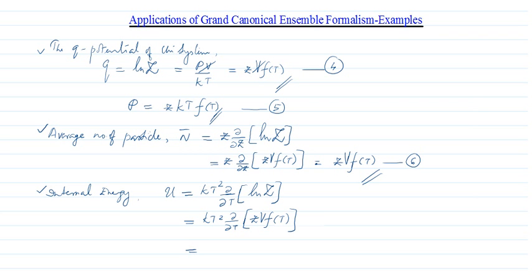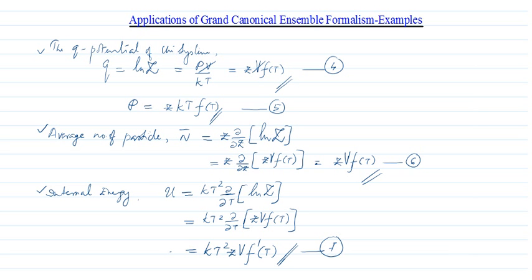That's not a problem for us. So finally we get kT square, Z is also coming out, and of course V will be treated as a constant. What remains is the derivative of f of t, which is some f prime of t. This is my equation number 7, which gives the internal energy of the system. So depending on the nature of f of t, you will get an expression for the internal energy of the system.